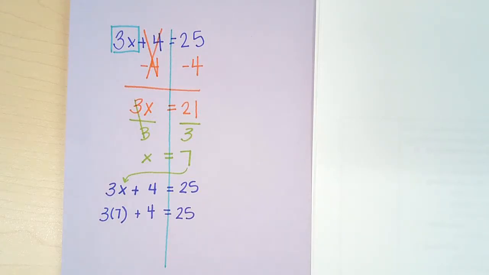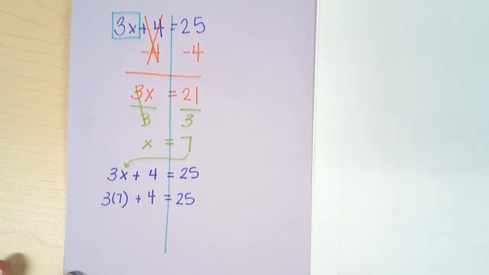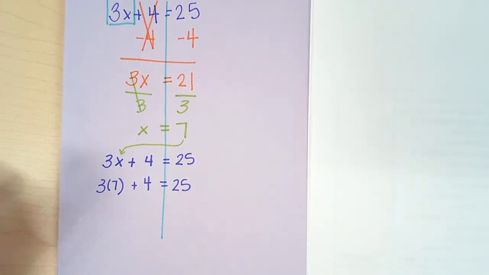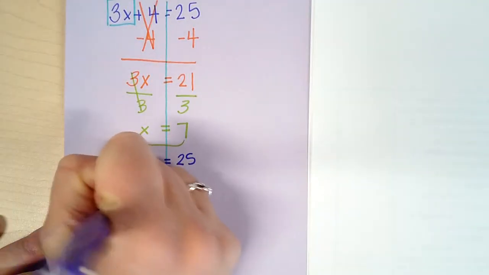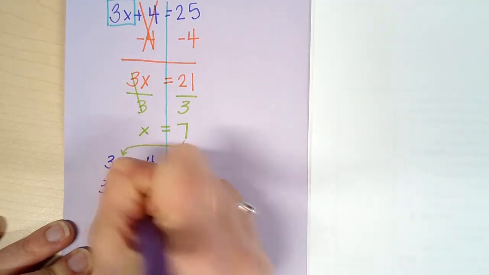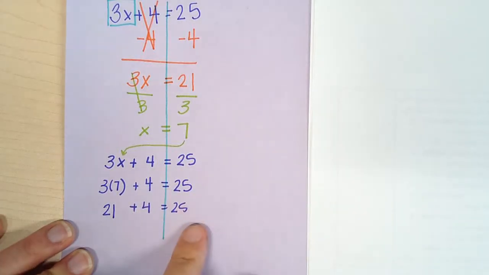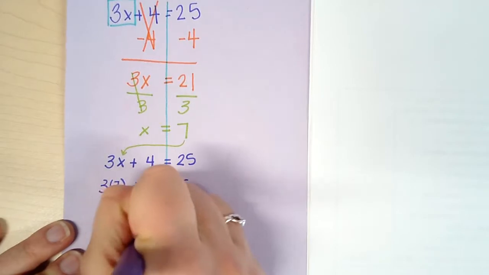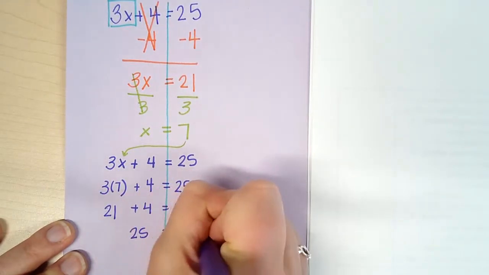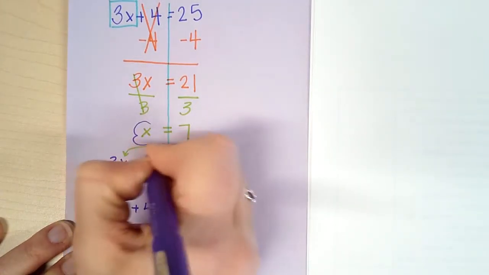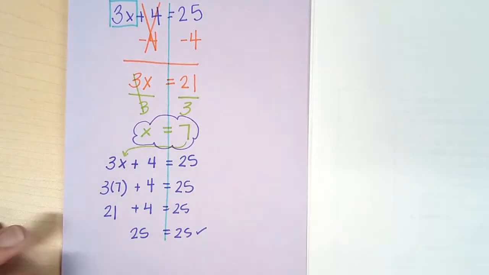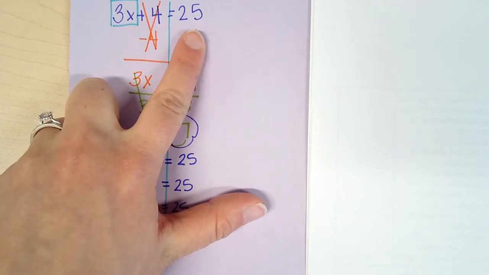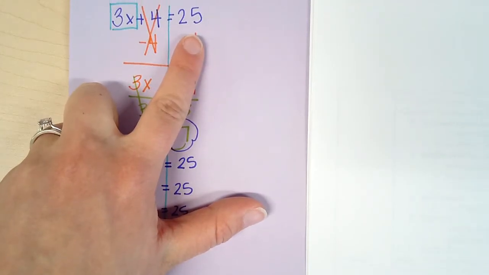Now I use my order of operations and go ahead and figure out what I've got. So to start with my order of operations, I have multiplication. So 3 times 7 is 21, bring down my plus 4. I'm still hoping it equals 25. And now I can simplify down. 21 plus 4 is 25. 25 equals 25. So yes, 7 is the correct solution for this equation.